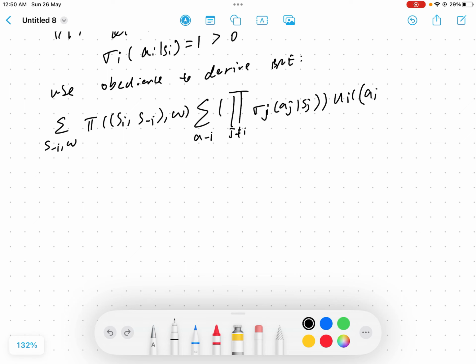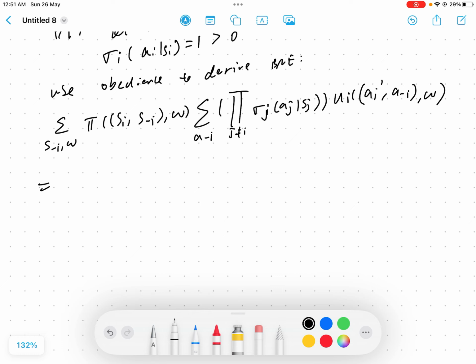This should be a_i, so up here we can just add the prime. This part is actually the smaller utility, and later we'll use the other part as the bigger one.